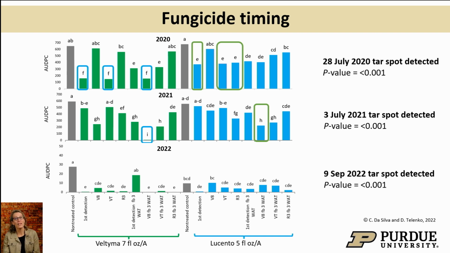But one thing to notice here is look at the y-axis and look at the AUDPC numbers compared to 2021 and 2022. We had extremely low disease severity here. And so the 2022 data at least need to be looked at a little bit more carefully just because there was so little disease.